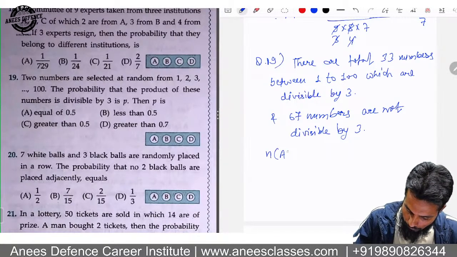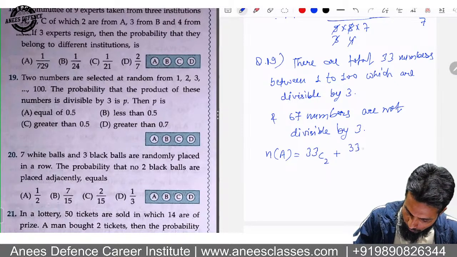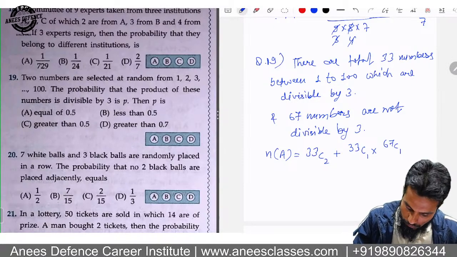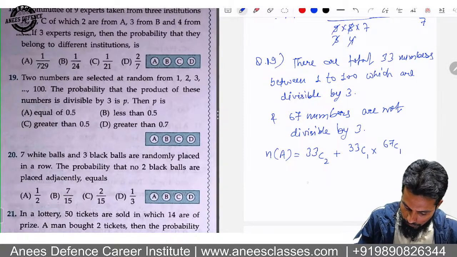Then n of A can be written as 33C2 plus 33C1 multiplied with 67C1. This is your total A.